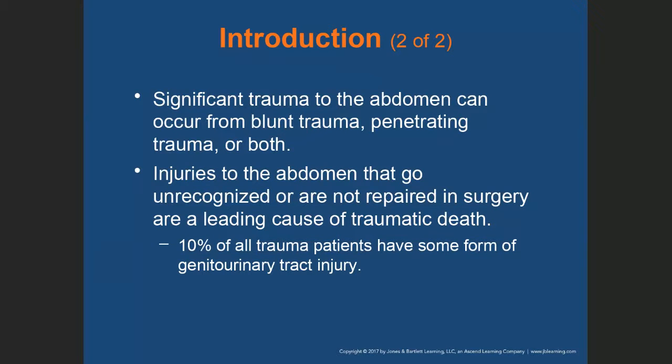Hollow organs will spill their digestive juices, which can cause irritation that leads to peritonitis. Solid organs, when damaged, are highly vascular, so that will lead to significant blood loss. 10% of all trauma patients have some form of genitourinary tract injury.